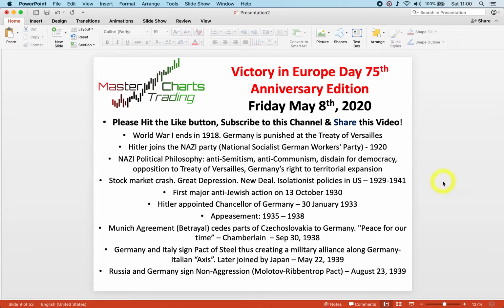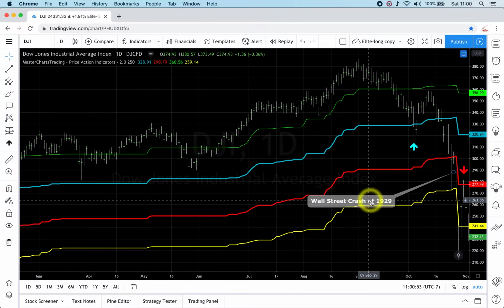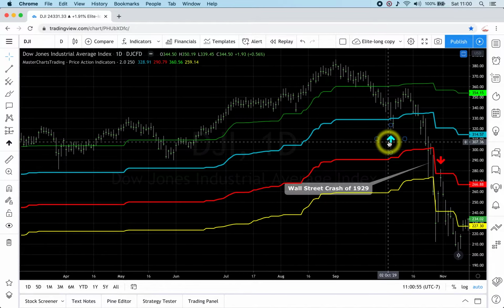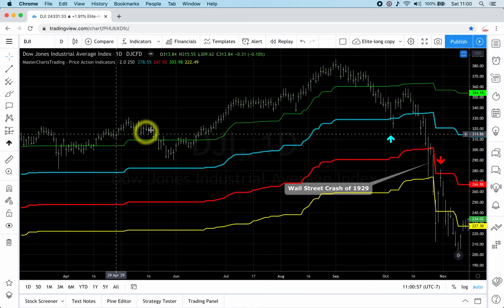Back in the days, as Nazi power in Germany was rising, in the United States we had the stock market crash in 1929, followed by the Great Depression, the New Deal, Roosevelt elected president, and isolationist policies in the US. So let's look at the stock market here, and I'm going to be using my indicators again.